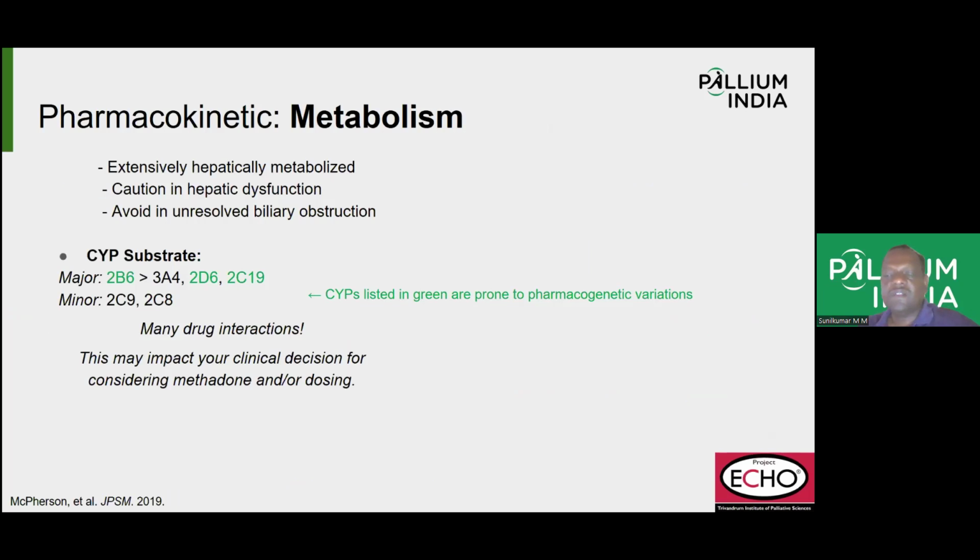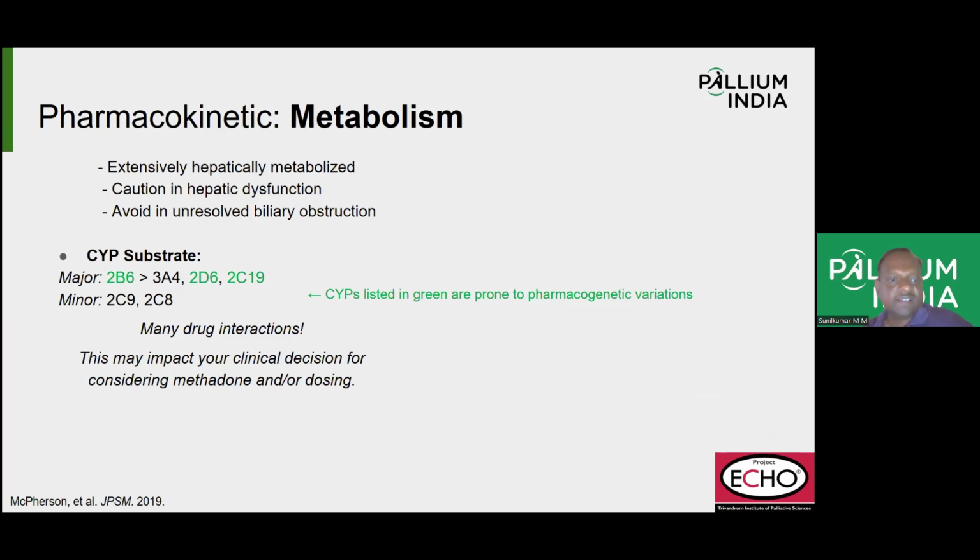Okay, now how is methadone metabolized? It is metabolized in the liver, just like morphine, but not by glucuronidation like morphine. Here, methadone is metabolized by cytochrome P enzymes.